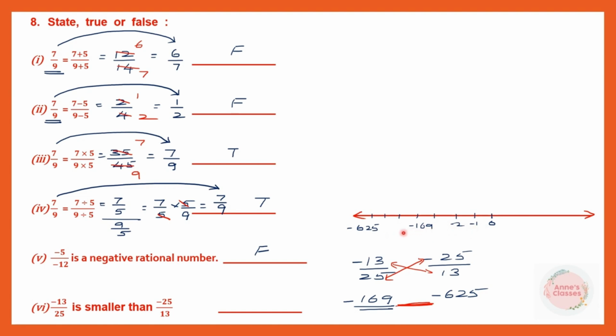So as you keep going to the left, it becomes smaller. That means this is smaller than this. So minus 169 is actually greater than minus 625. So here the question is minus 13 by 25, which is this, is smaller than minus 25 by 13, which is this, and this statement is false.